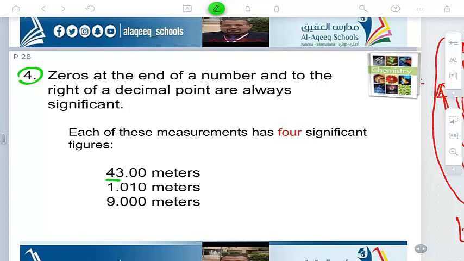Because the digits have value here, even though they are zeros. Look, 1, 2, 3, 4. What about this? 1, 2, 3, 4. Zeros between non-zero values are counted, and 0 on the right-hand side is counted as well according to this rule, so they are 4. What about this? 1, 2, 3, 4 significant figures as well, because they are on the right-hand side of the non-zero value.